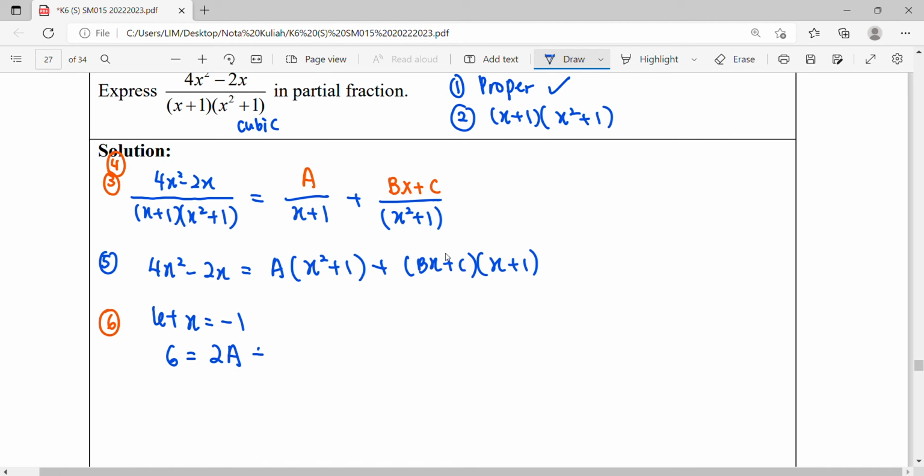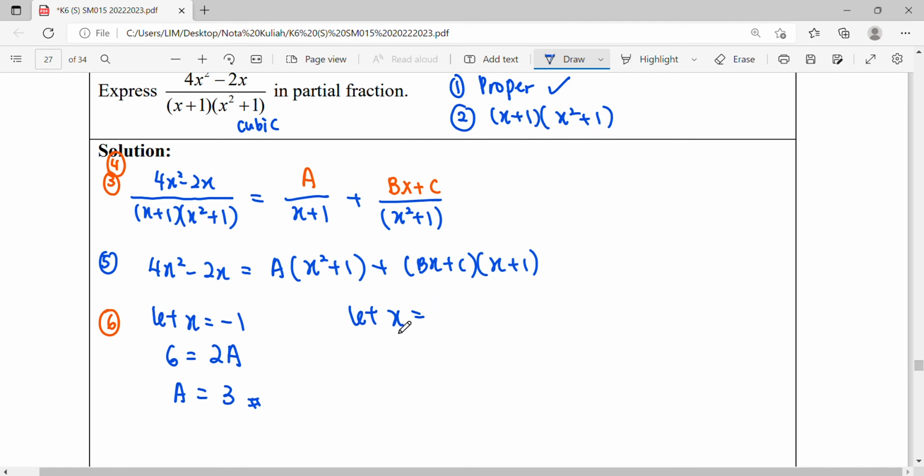So here it will be negative b plus c, and then 1 minus 1 here will be 0. We automatically can get an answer, which is a equals 3. So that is the benefit when we let x be the root from the factor.